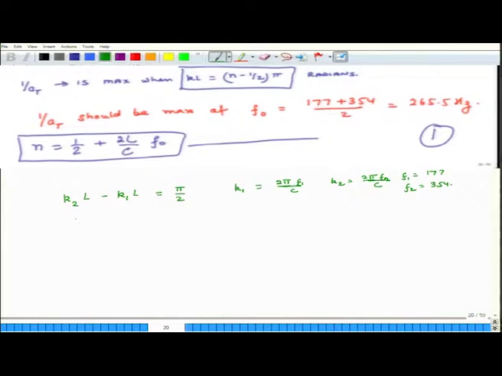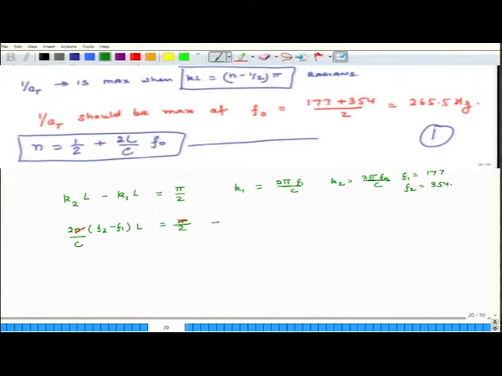So, I plug in these things, what I get is 2 pi (f2 minus f1) divided by c times L equals pi by 2, and this pi cancels out.